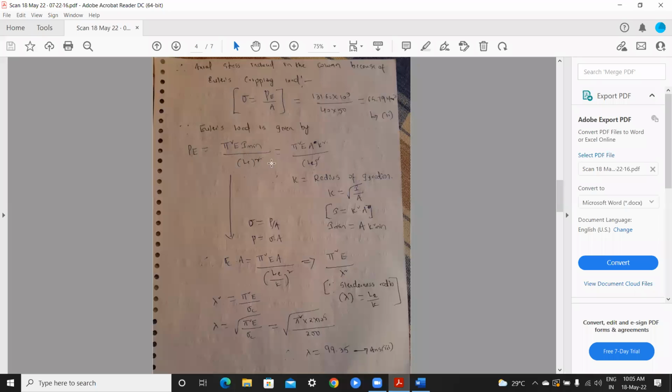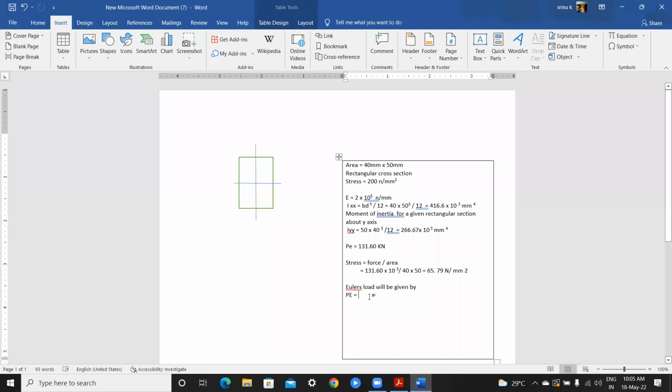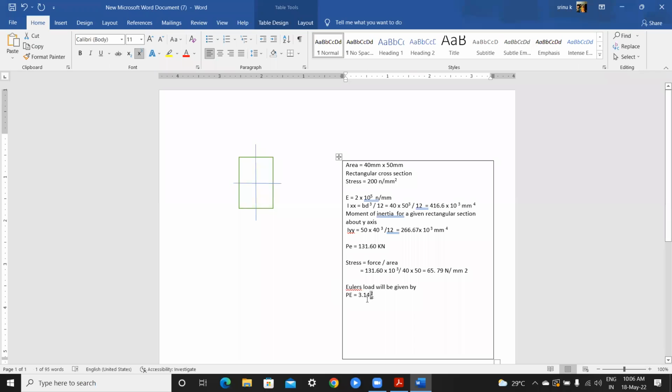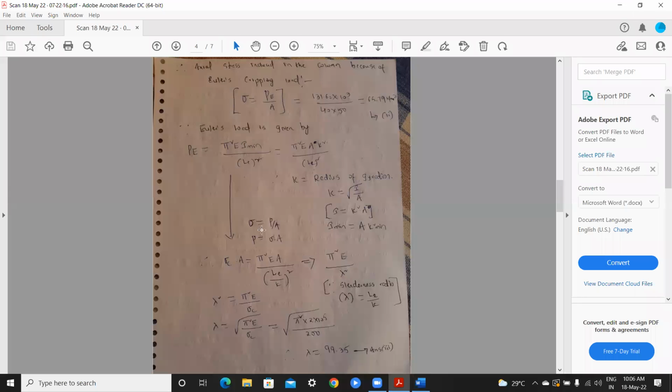Here I minimum, in terms of slenderness ratio. I will write pi square directly as 3.14, into E I minimum. E means the E value for us.